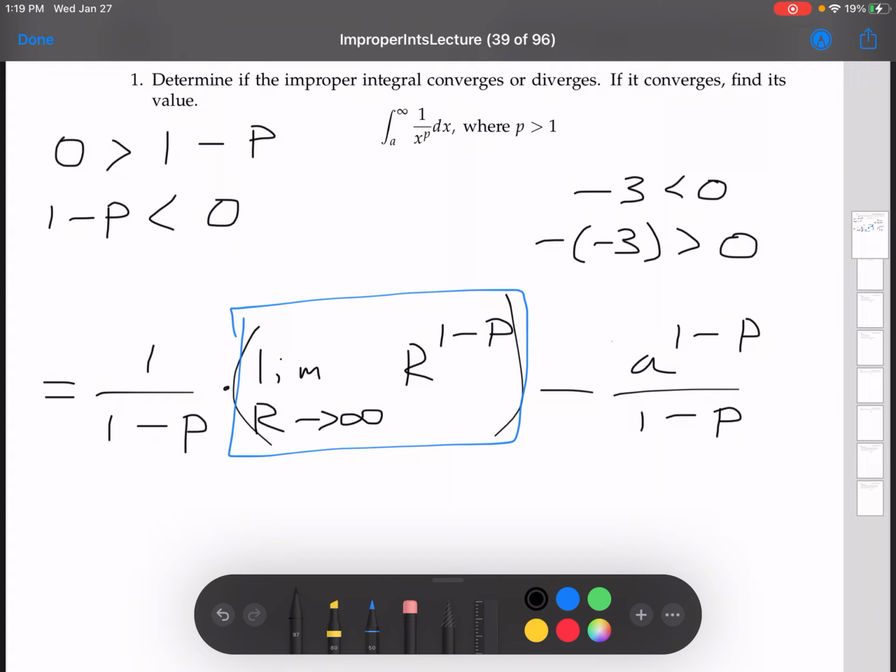So that means that negative 3, otherwise known as 3, is positive. So that means that negative 1 minus p, we have to flip the sign. Remember, if you multiply by a negative with the inequalities, you've got to flip the sign. So you have something like that.